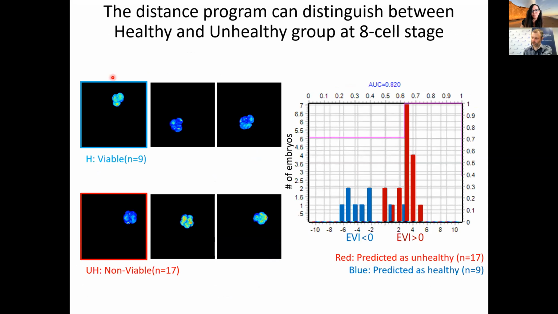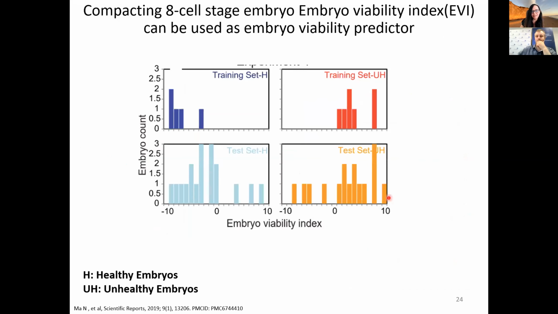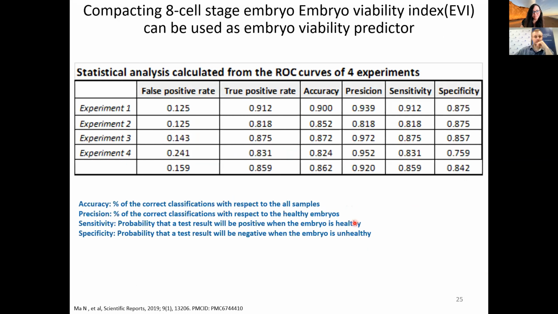So the distance program can distinguish between healthy and unhealthy groups at the 8-cell stage. For example, predicted as unhealthy were 17 and predicted as healthy were 9. So this is an easy way for clinicians to see whether the embryo is healthy or unhealthy.